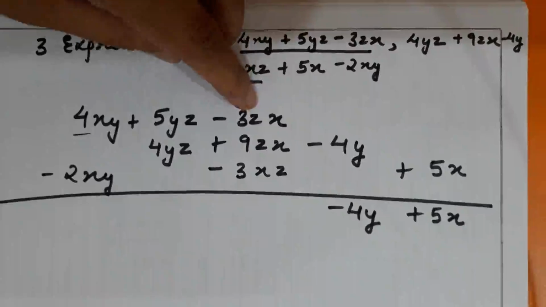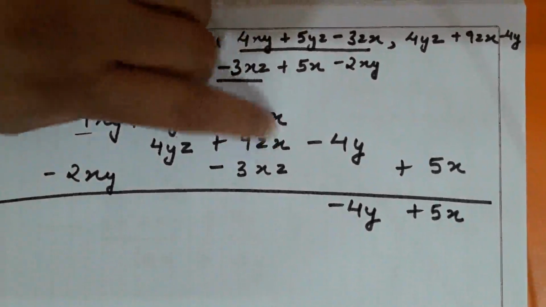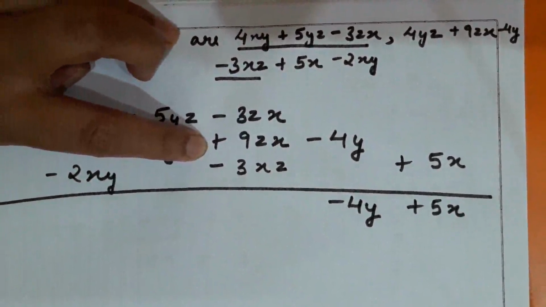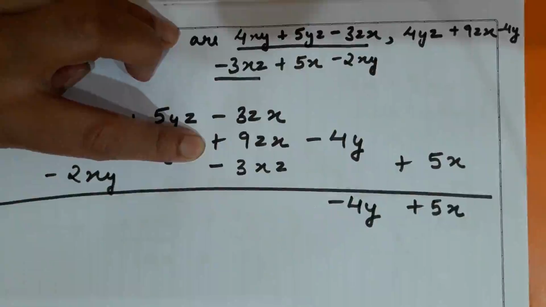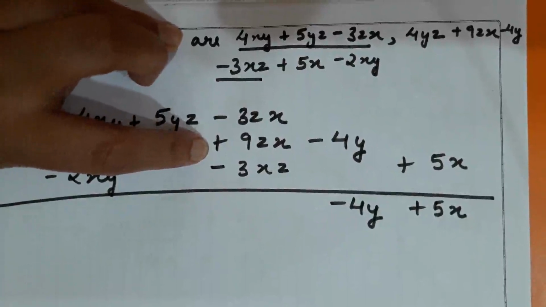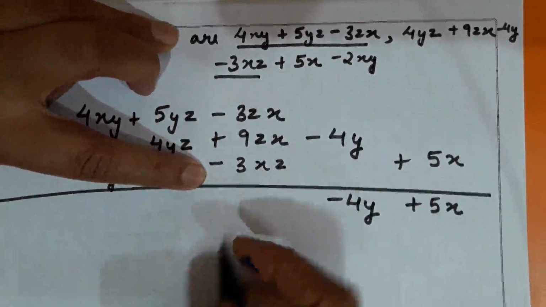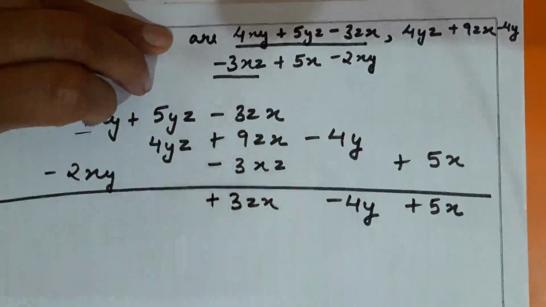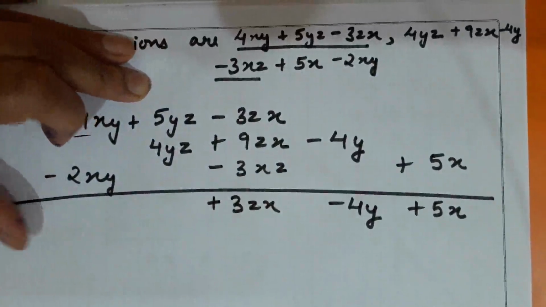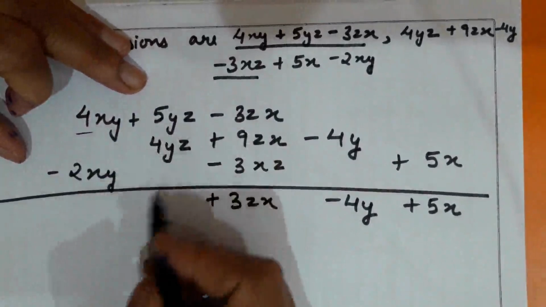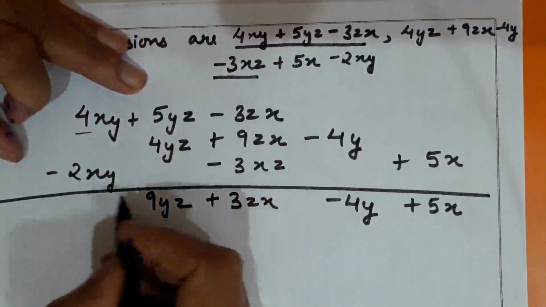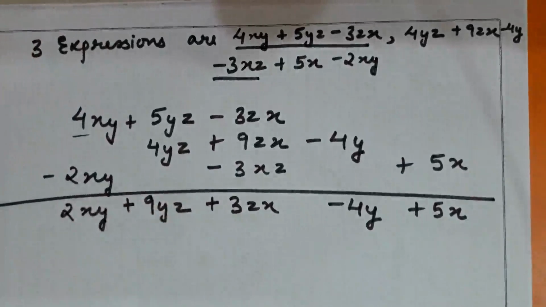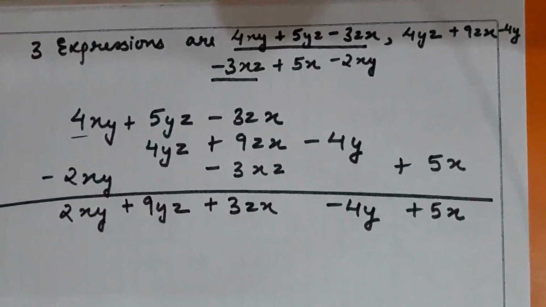Now this minus 3zx plus 9zx, minus plus minus, so 9 minus 3 is 6, 6zx positive. Plus 6zx minus 3zx gives you 3zx. Positive sign you will get. Now this 5 plus 4 is 9yz plus 4 minus 2 is 2xy. So in this way, with the help of the rows method, you can add easily.